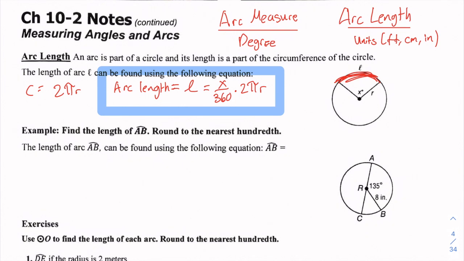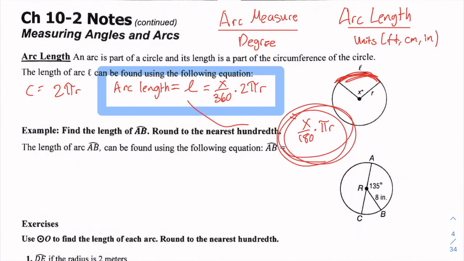You could simplify this. The 360 and the 2 simplify, so L equals x over 180 times pi r. So you could do that. But instead of memorizing a new formula, I'd rather you just conceptually have it.